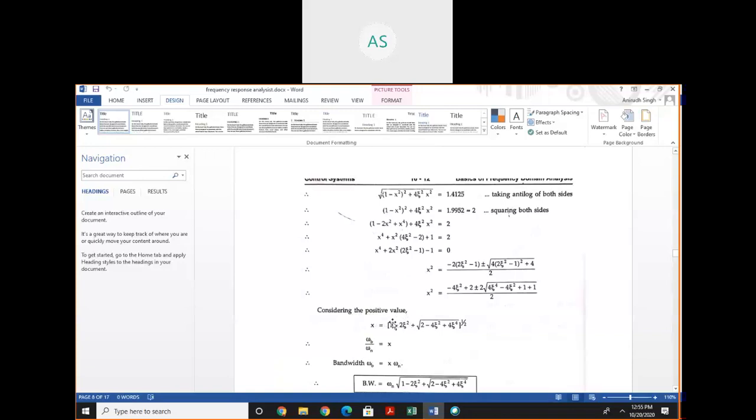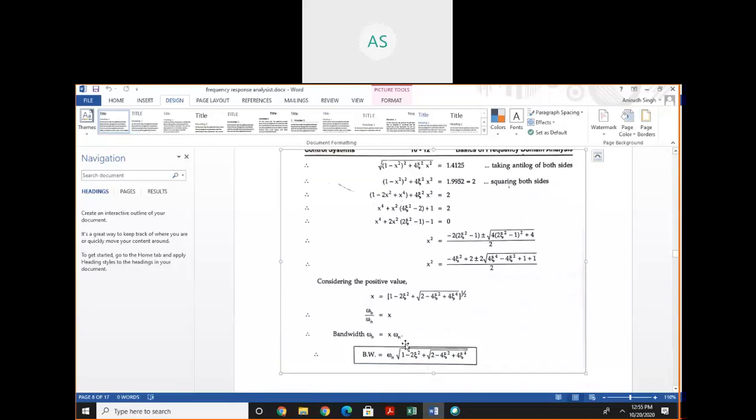After simplification and taking the root of this equation, we get the value of x square, and then we consider only the positive value because bandwidth is always positive.